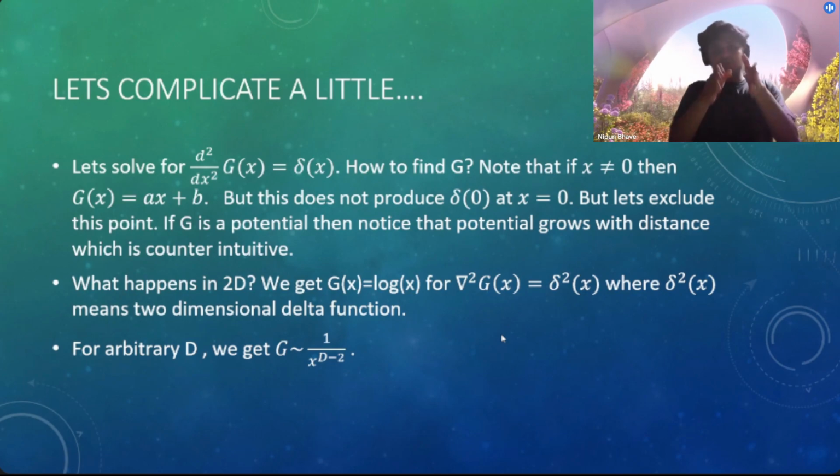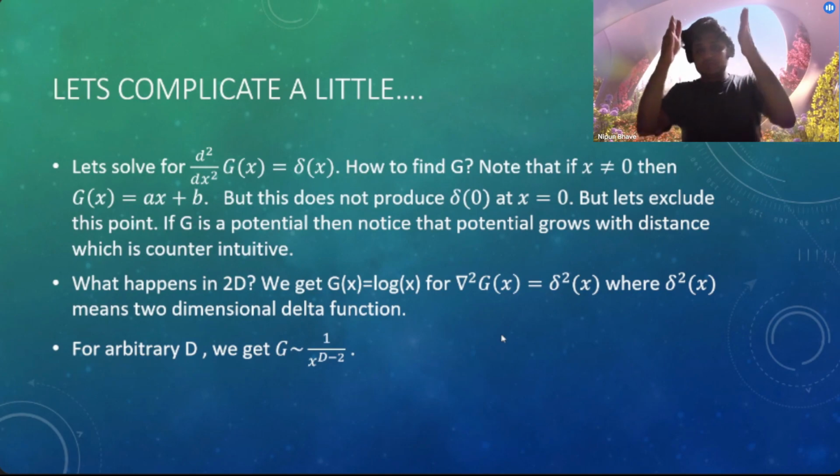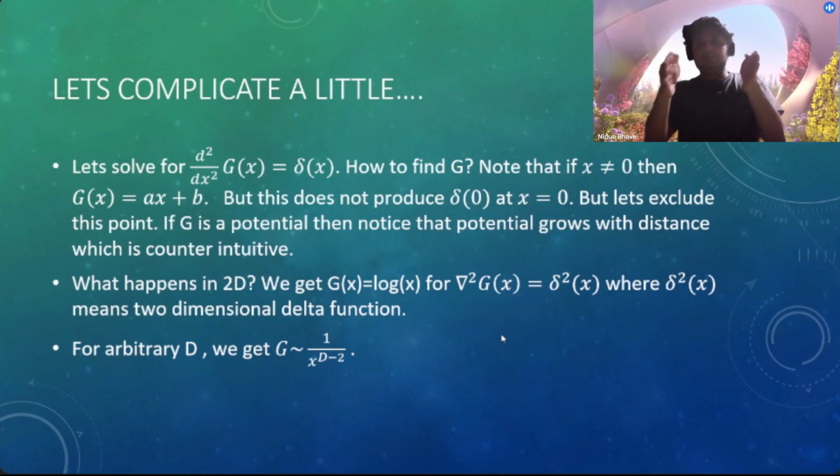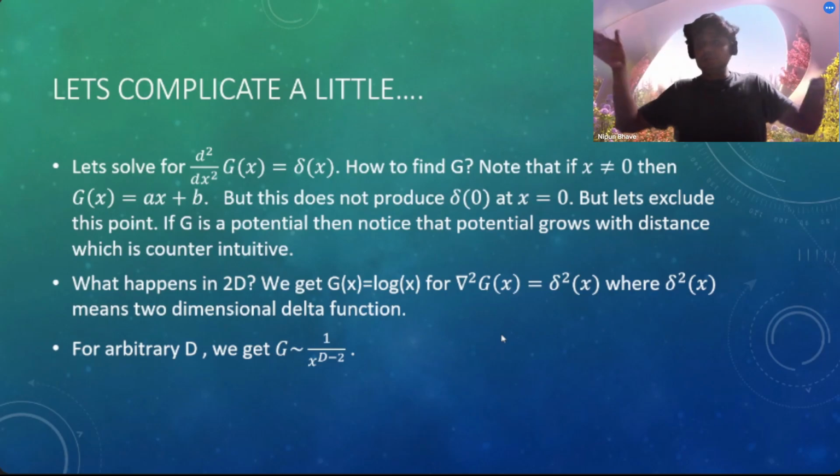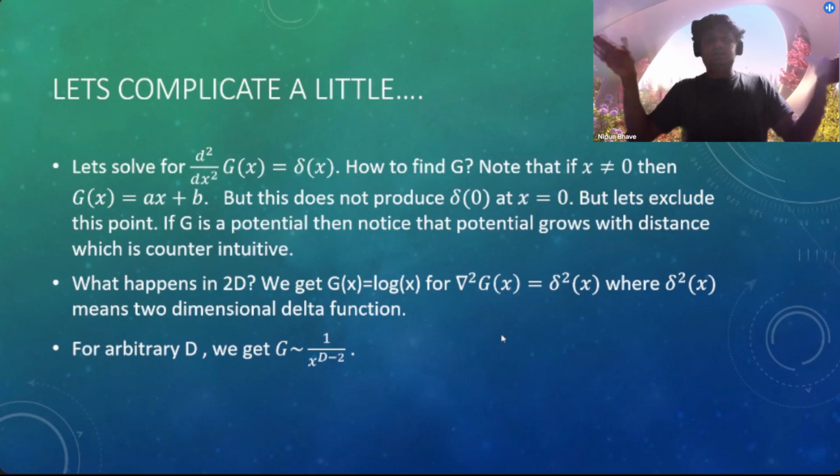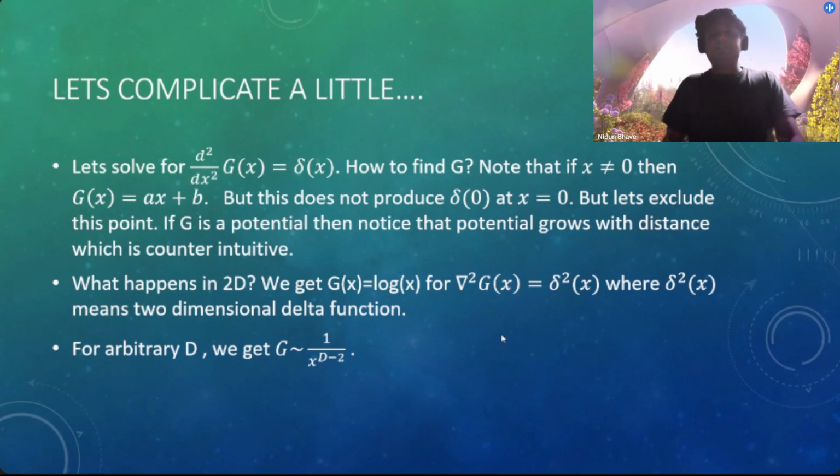So one way to solve this problem is actually to put it in a box. In 1D, you say that you are working in a box rather than the full infinite space. So then this problem of infinity will be solved, but still there is a problem at the origin.